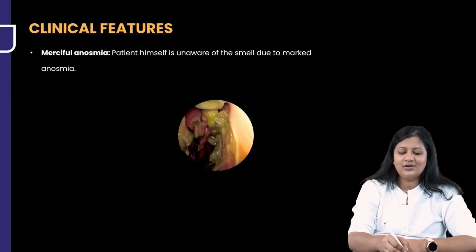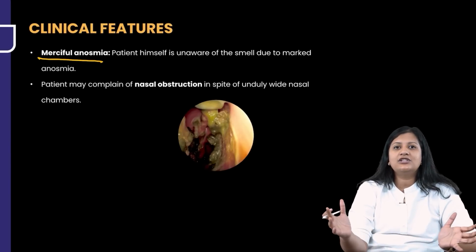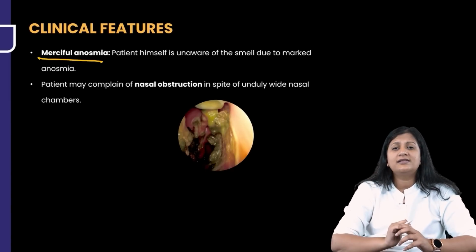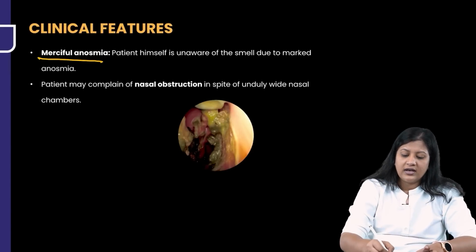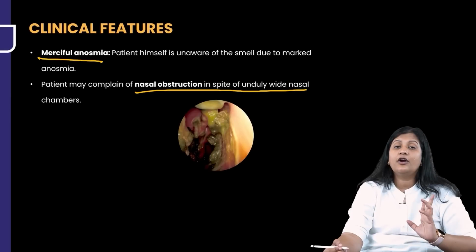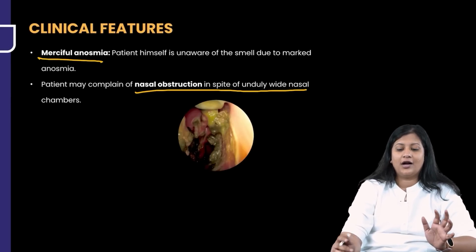Merciful anosmia. So typically there is merciful anosmia and there are wide nasal chambers, but despite those wide nasal chambers, the patient will usually say that they are unable to breathe. So nasal obstruction in spite of wide nasal chambers are two important clinical manifestations of atrophic rhinitis.